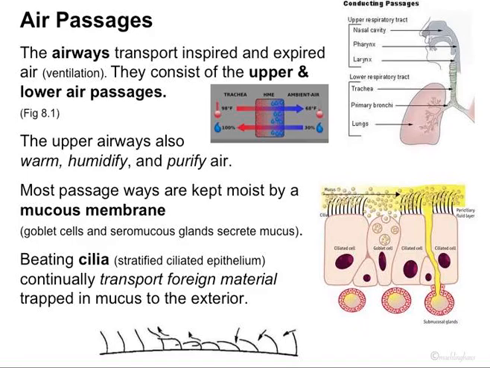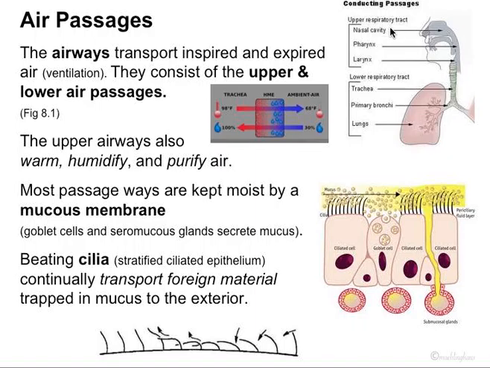So then the airways transport inspired and expired air. They consist of the upper and the lower air passages. When we transport air in and out of the passages to get to the lungs, we call that ventilation. On the right side we have here the conducting passages.